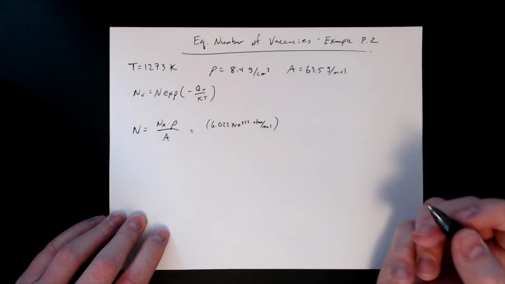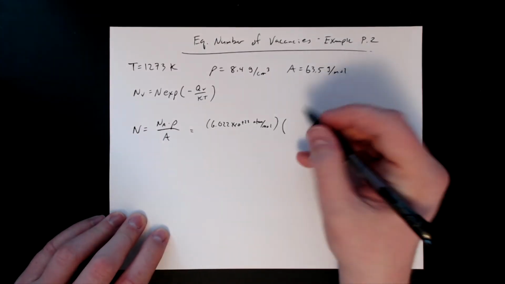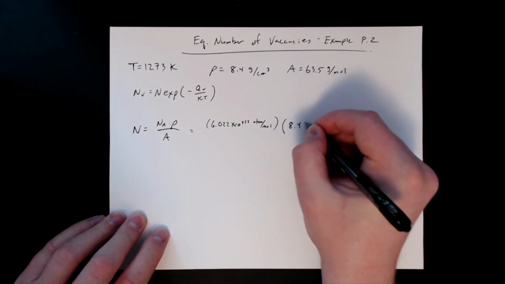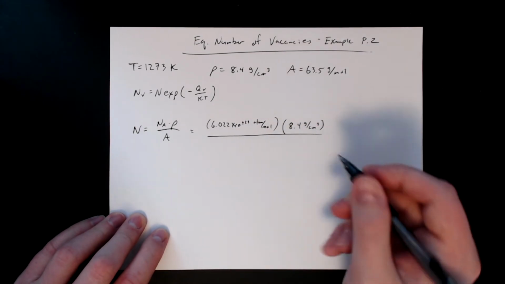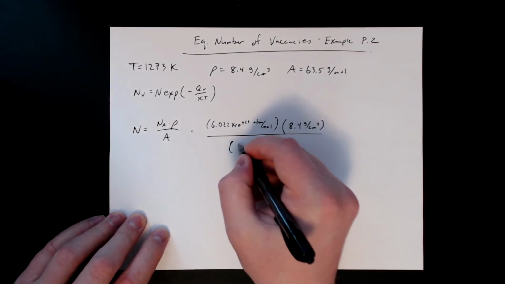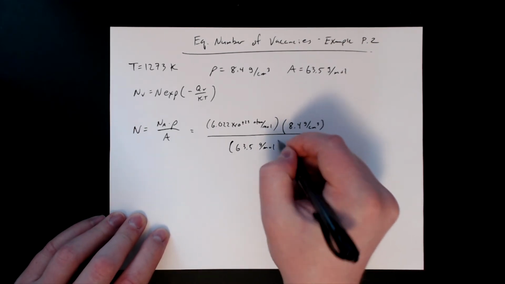So that's our conversion, how many atoms are in a mole, because everything else tends to be on a mole scale. And our density of 8.4 grams per centimeter cubed, and our atomic weight of 63.5 grams per mole.